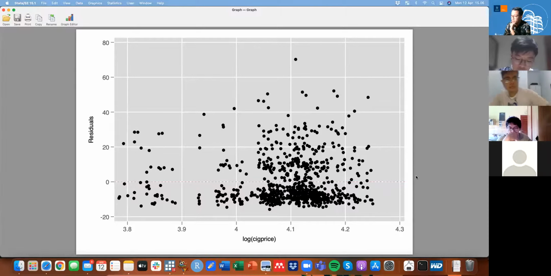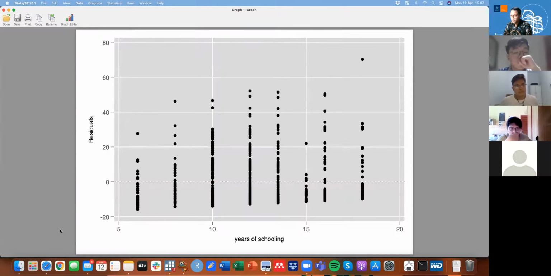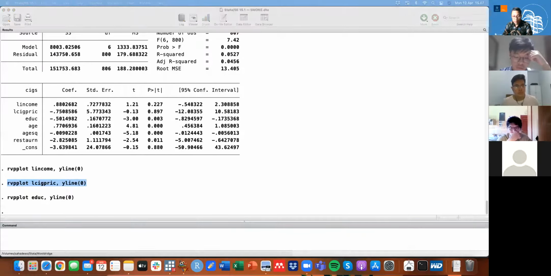As you can see, there is a relatively large distribution at the larger cigarette prices. And we can also do this for the education. For the education, it seems that there is relatively similar variance. Again, with this eyeball test, we cannot say for certain whether or not it's statistically significant, but it's an indication nevertheless.